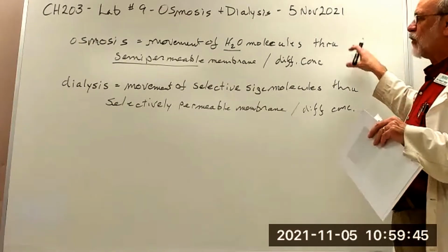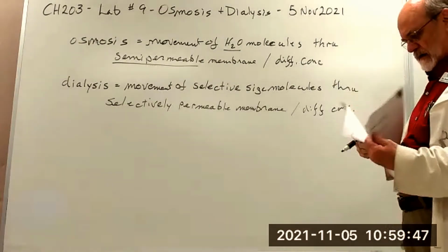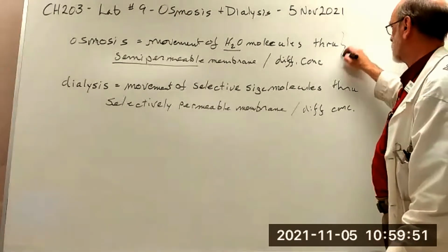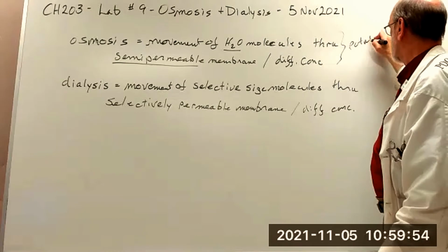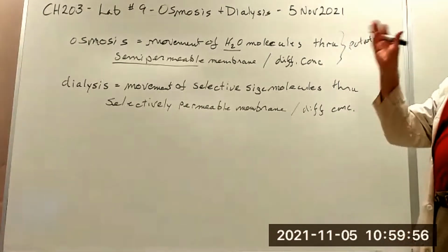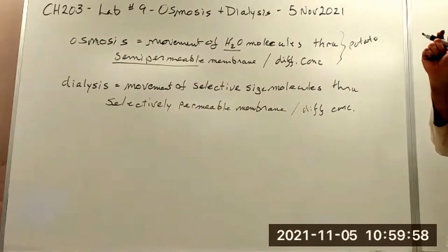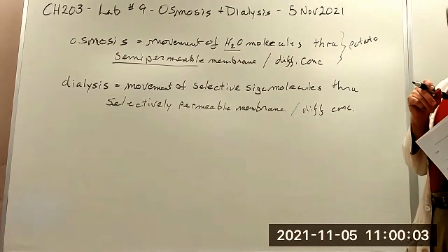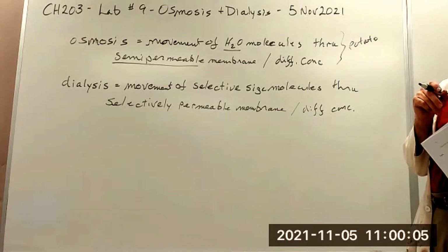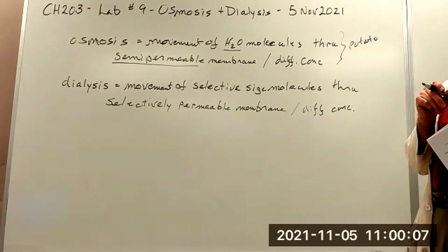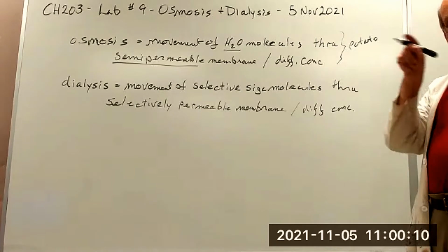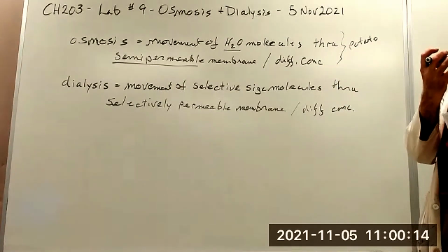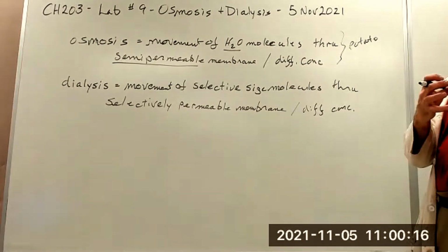The example we're going to use for osmosis today is the potato, because it's just chock full of cells. If you take a potato core and submerge it in pure water, the water will move into the cells of the potato core and make it get rigid and hard as the cells swell.